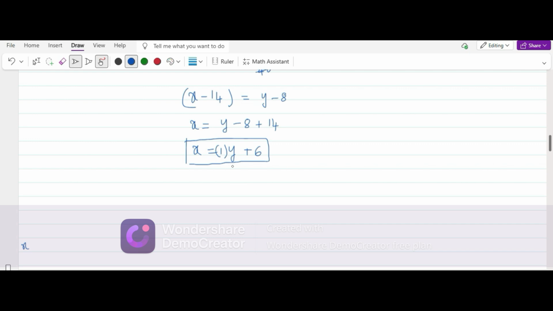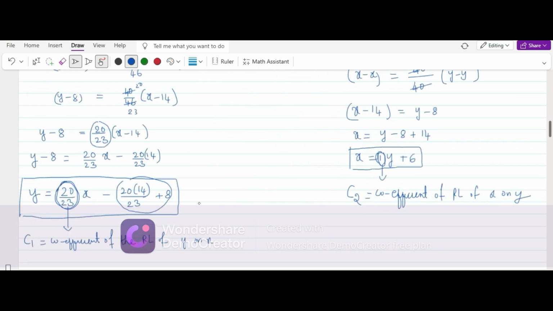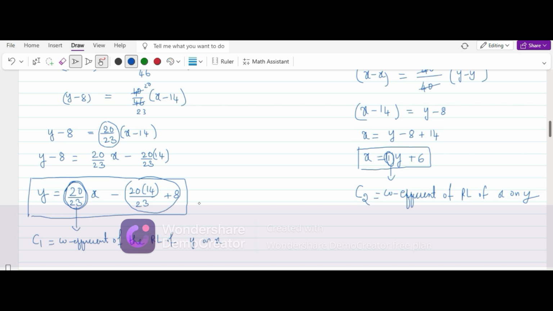So I can say that this is the coefficient of the regression line of x on y, and let it be c2.